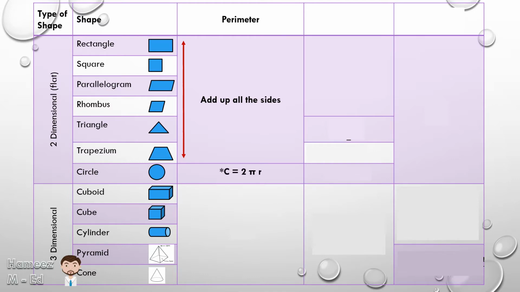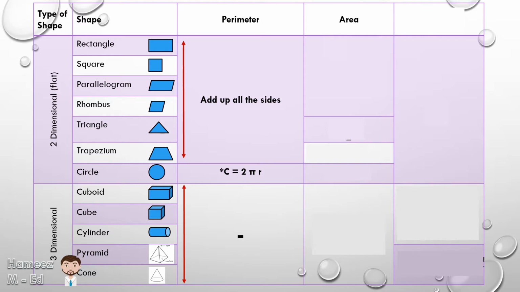And notice there's an asterisk there. Any formula with an asterisk on this table indicates that it is given in the formula sheet that we are given by the CXC body when we are writing both paper 1 and paper 2. And for the three-dimensional shapes, all of them, we cannot find the perimeter around them because they are not flat shapes.